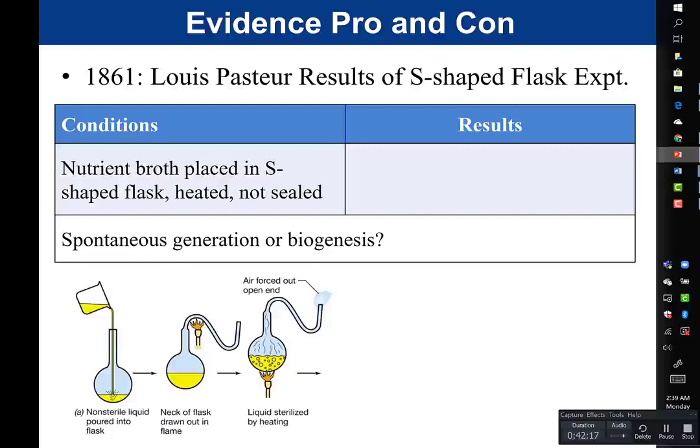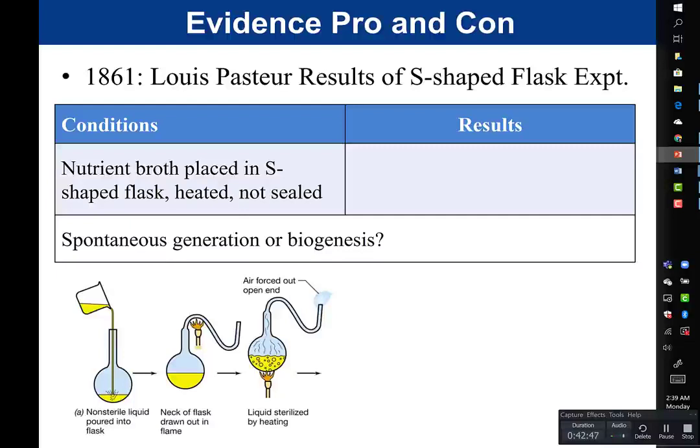Now he used a flame and he bent the glass so that it had this S-shaped neck. So notice that when he created this S-shaped flask, this is open, air can still get in, but anything that comes in is going to settle in the neck here of the tube. And is it going to be able to grow?